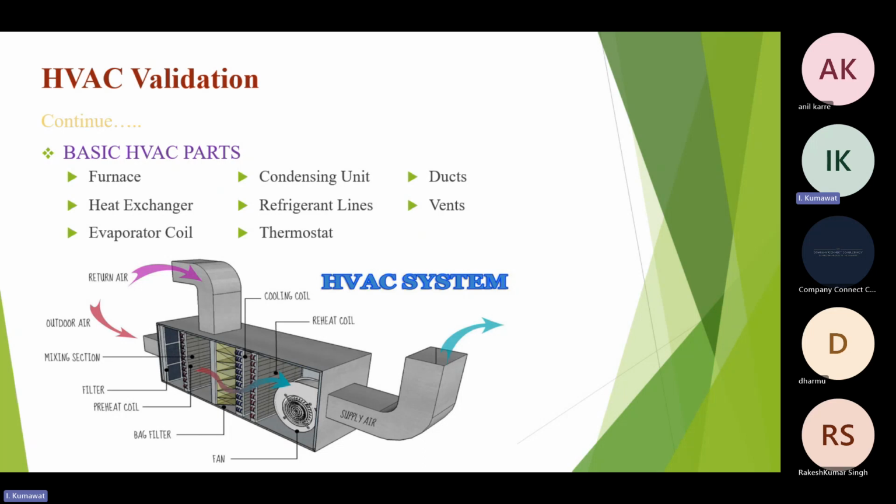Suppose we are in the granulation area, we have different types of grills for distribution of that fresh air. Those parts we will discuss in brief during further classes. Sometimes we have return filters for returning the air. We use different types of filters, like HEPA filter, pre-filter, and fine filter also. Everything we will discuss in further classes.